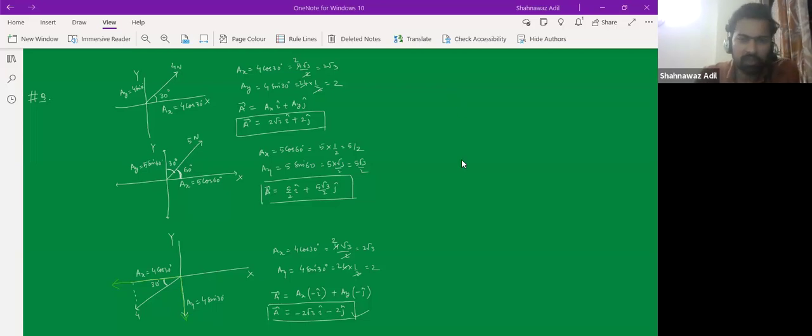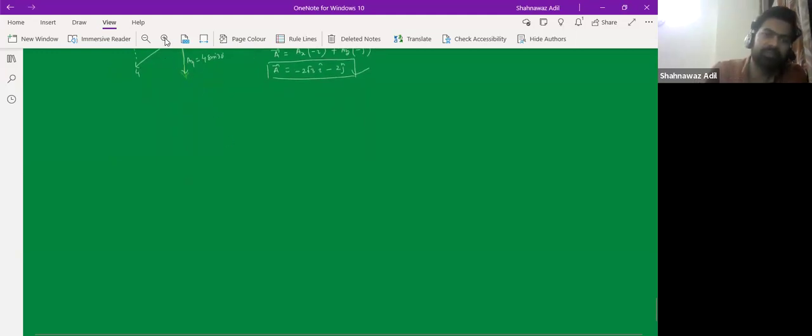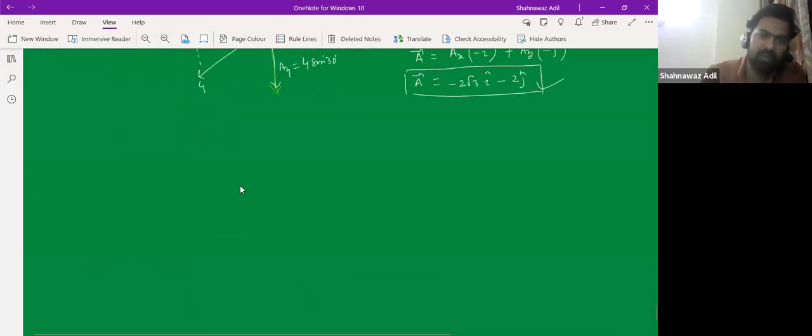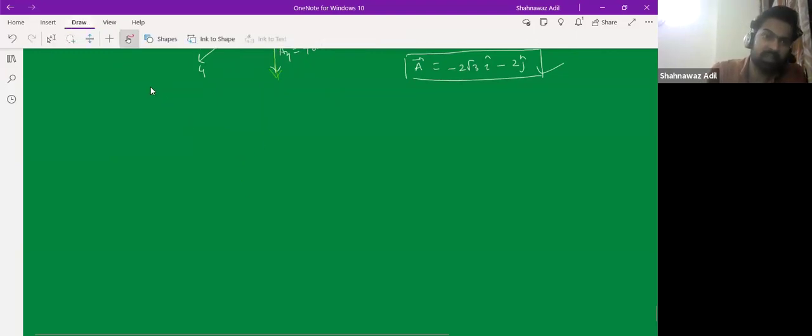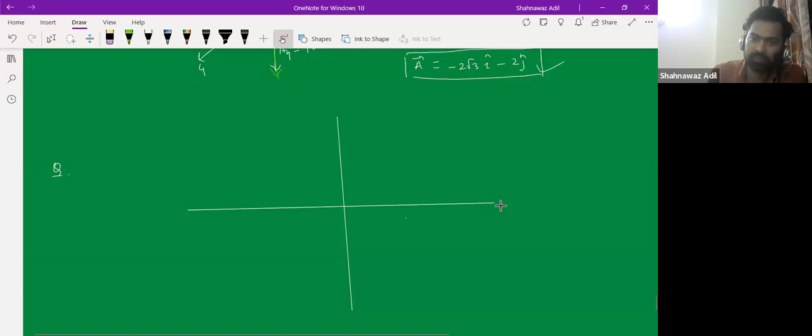So now let's see the use of this idea. Let me use a different color. Let's say we have this Cartesian coordinate system and we have three vectors.